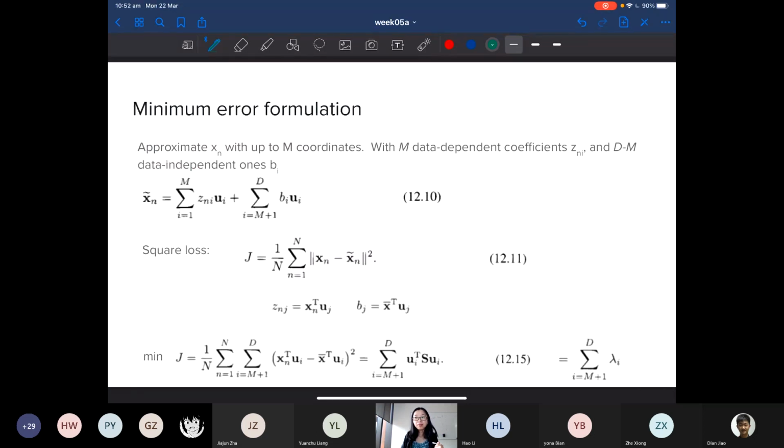So with that, let's look at the second formulation of PCA, the minimum error formulation. This formulation is a bit more involved. We're interested in approximating x_n with up to, let's say, m less than d coordinates.